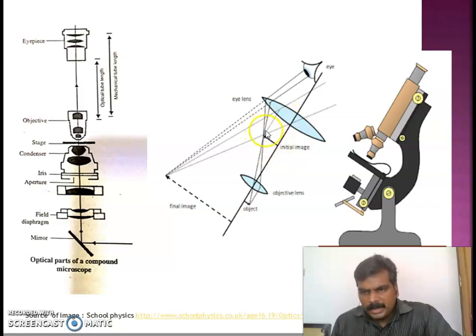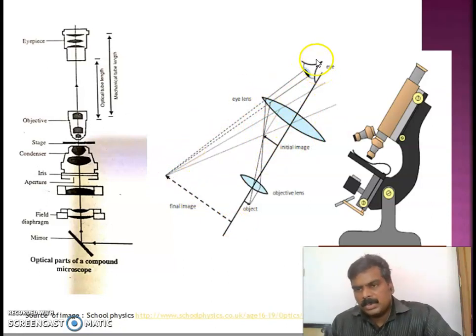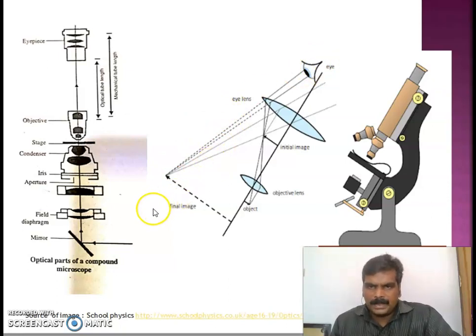Now this initial image will be projected to a larger image by the eyepiece. The eyepiece lens will project this initial image to a larger final image, and that final image will be perceived by the eye, and this is how a compound microscope works.